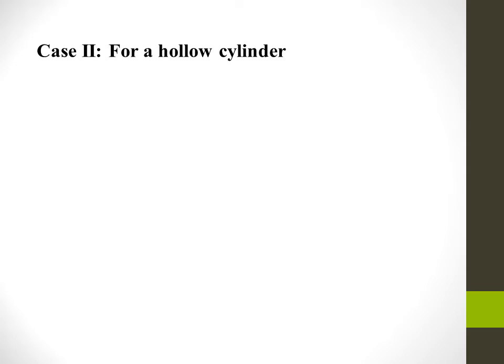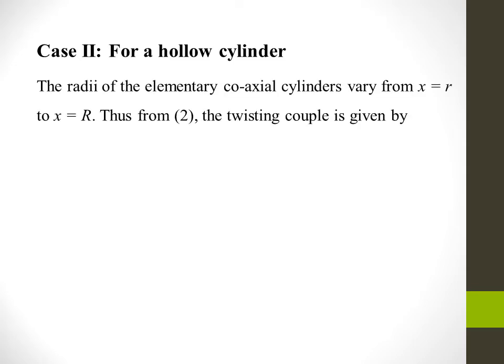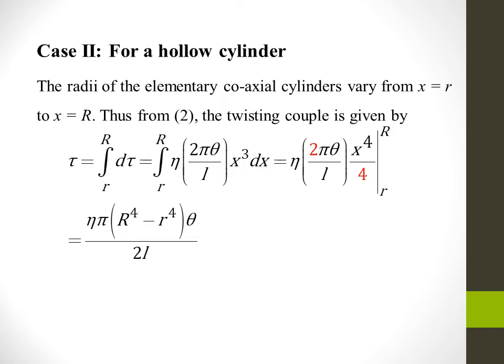For a hollow cylinder, there are two radii, an inner radius small r and an outer radius capital R. Therefore, the radii of the elementary coaxial cylinders will vary from x equal to small r to x equal to capital R. Using equation 2, the twisting couple is given by τ is equal to the integral going from small r to capital R of dτ.